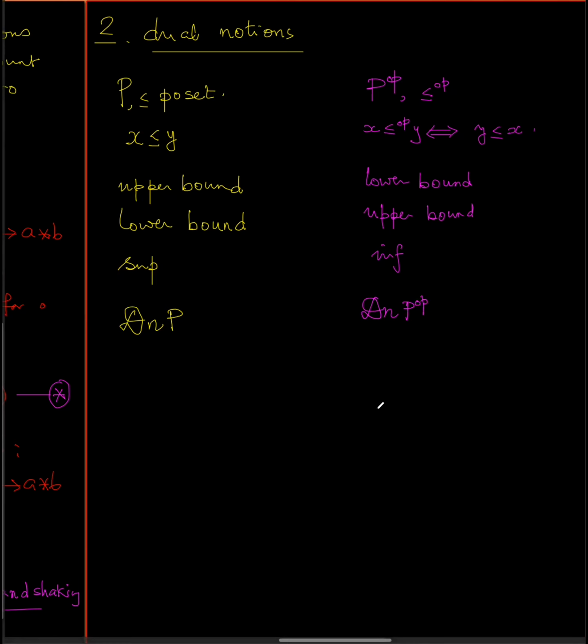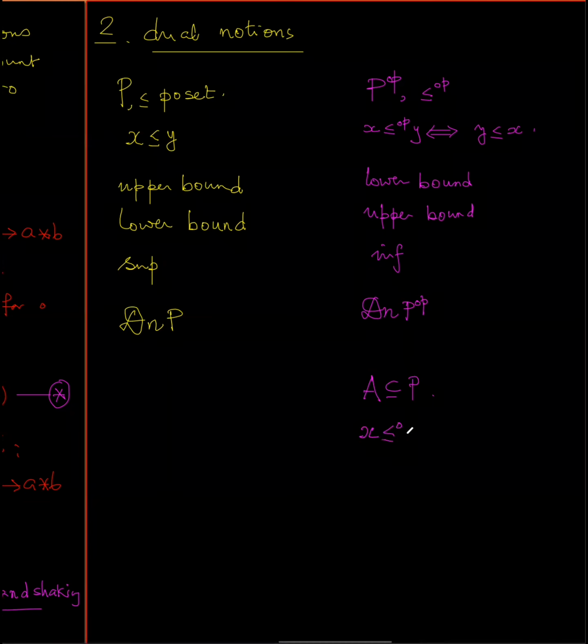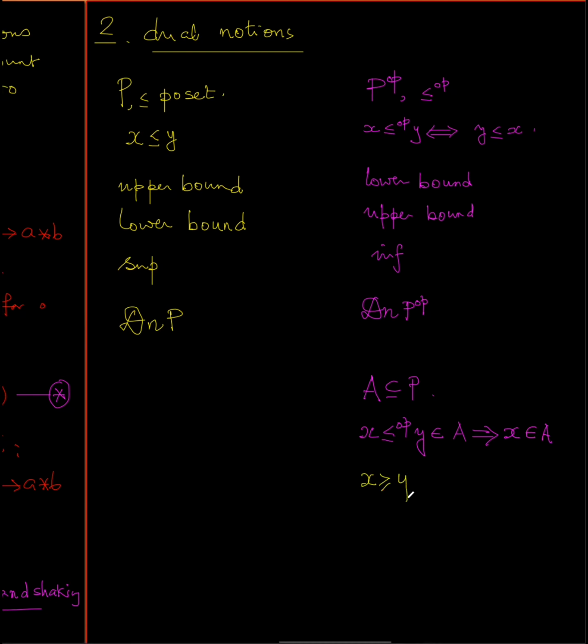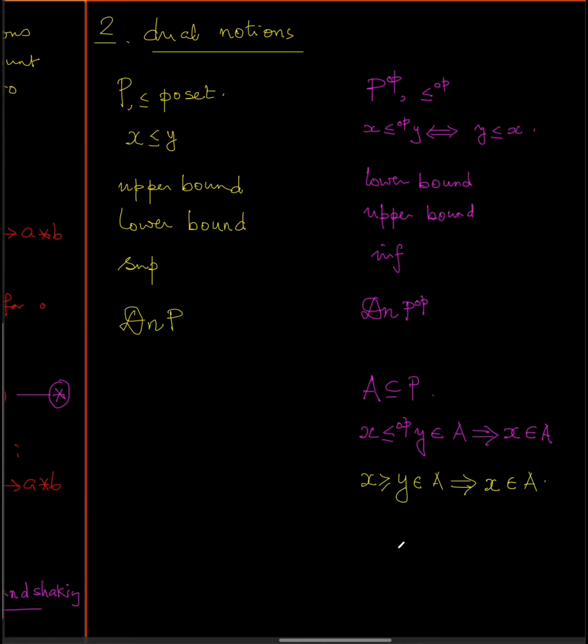So it's a subset A of P op such that X less than or equal to Y in P op, with Y in A, implies X is in A. Now coming back to the usual order, this means X greater than or equal to Y implies X is in A. So the natural thing to say here is upset.